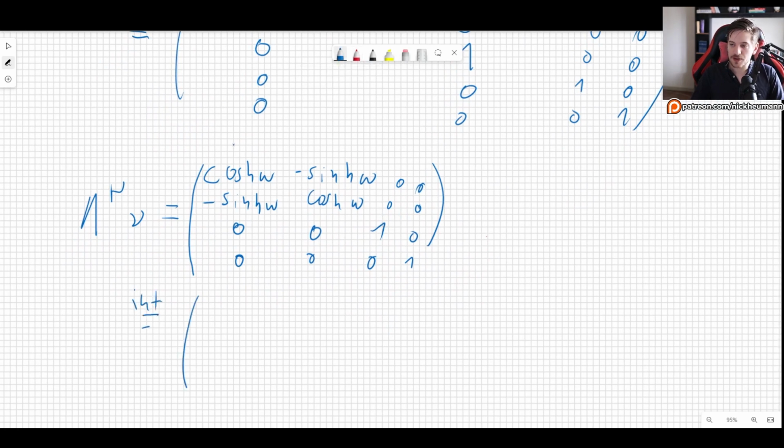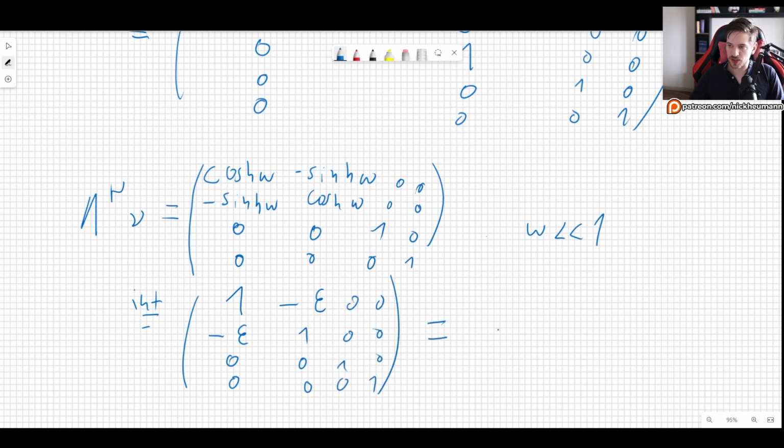Infinitesimally, cosh of omega, if omega is very small, so now we say omega is very, very small, well, that's simply 1. Sinh is simply going to be omega at those very small values, which we will call epsilon like before, so we get minus epsilon. Then we have, of course, here minus epsilon again, 0, 0, 1, 0, 0, 1, 1, 0, 0, 0, 0, 0, 0.